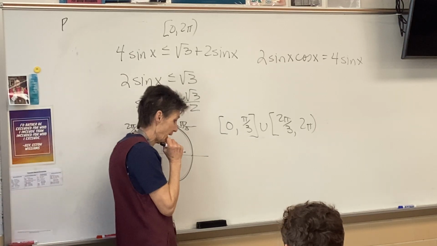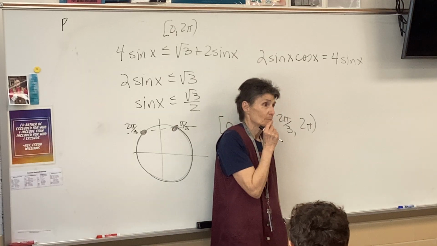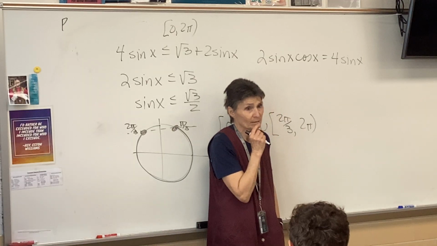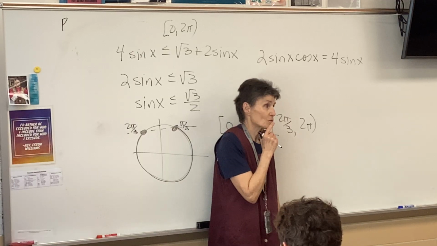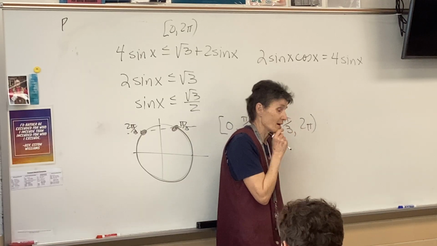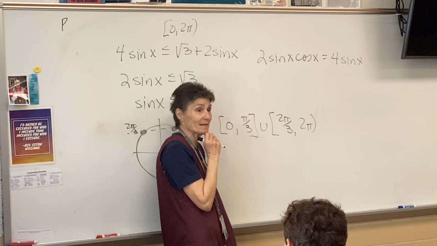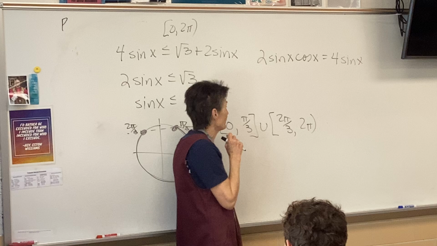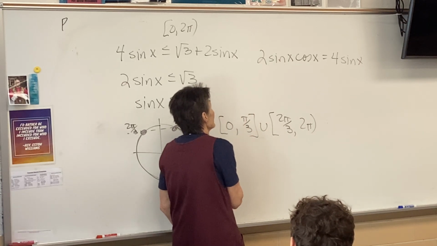Why can I not divide by sine? Because can sine be 0? Then you can't divide by 0. So don't divide by sine. Don't divide by x, don't divide by sine, don't divide by anything that can ever be 0. Okay, so what am I going to do instead? Subtract it.